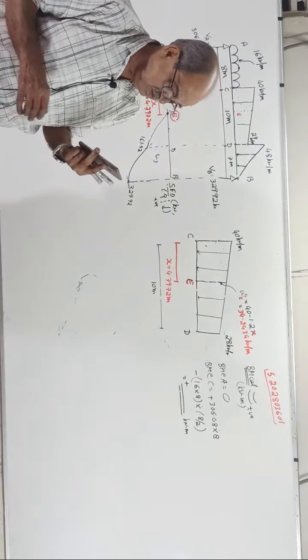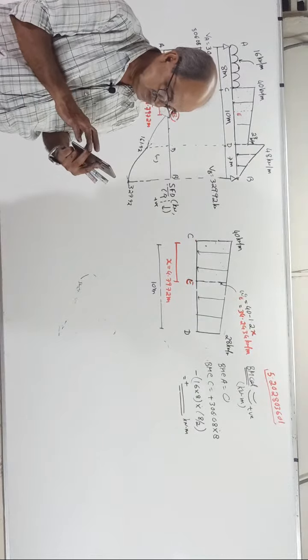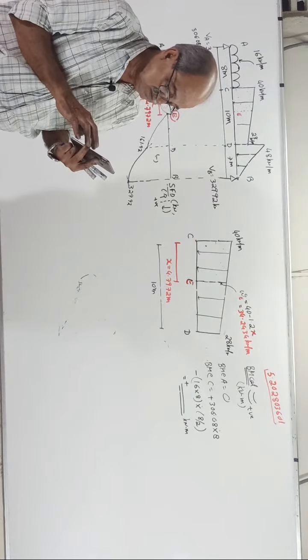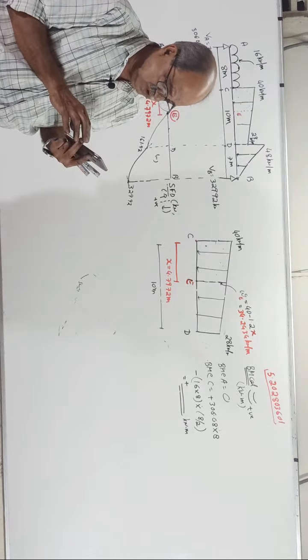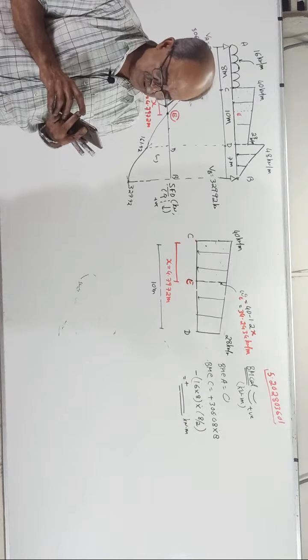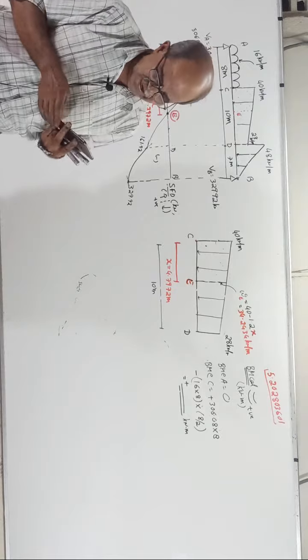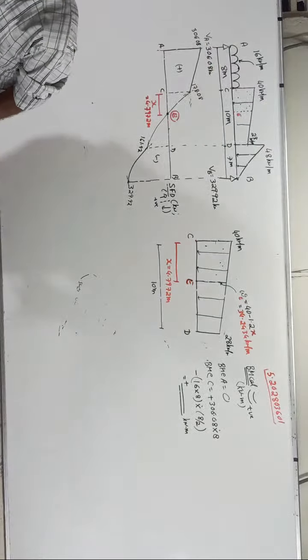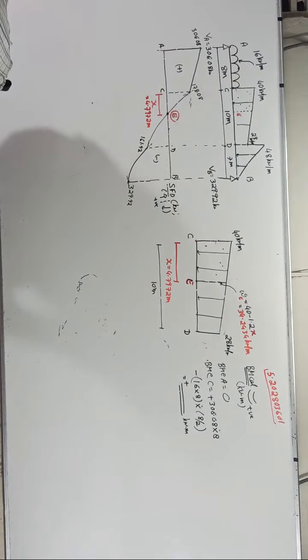No answer. This much time for BM at C. Again you are forcing me to calculate. This is called no cooperation. If you don't give, helpless. See, now finally came: 1936.64. Thank you. Finally.